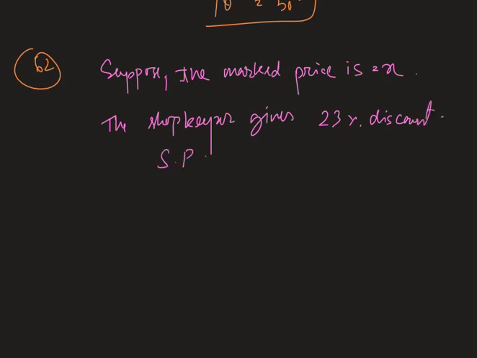Therefore selling price is X minus X into 23 divided by 100, that means 77X divided by 100.